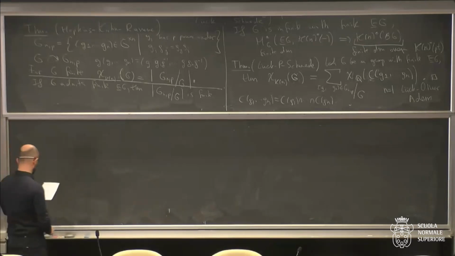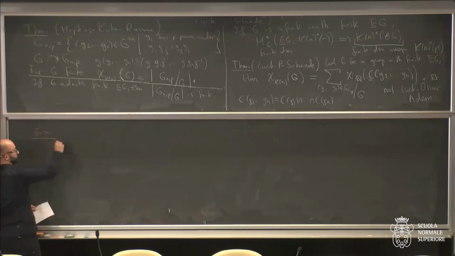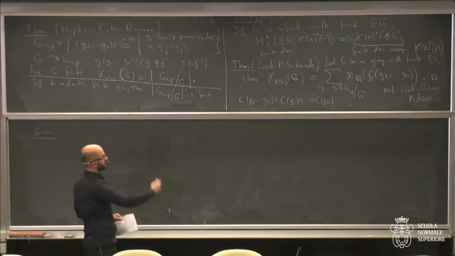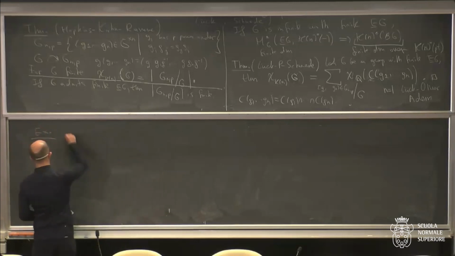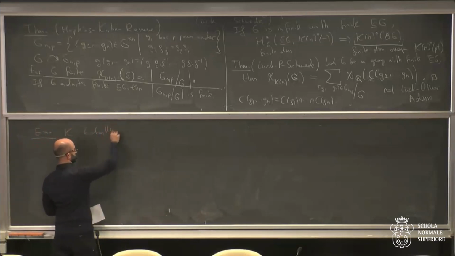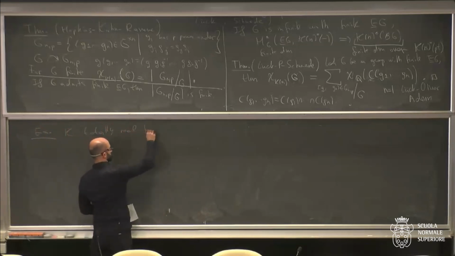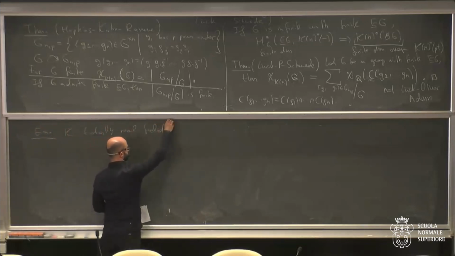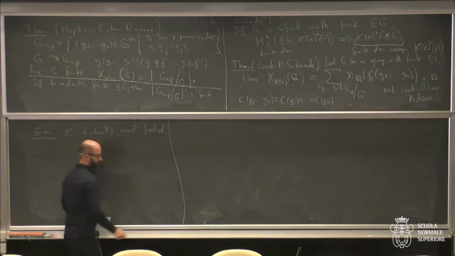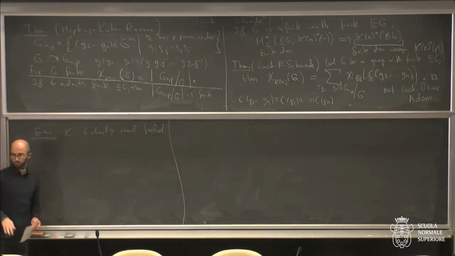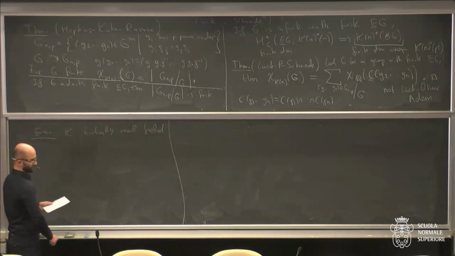The first example where I managed to compute stuff using this theorem is you can take K to be a totally real field. That is a number field all of whose inclusions into the complex plane land in the real line, like for example a real quadratic field.